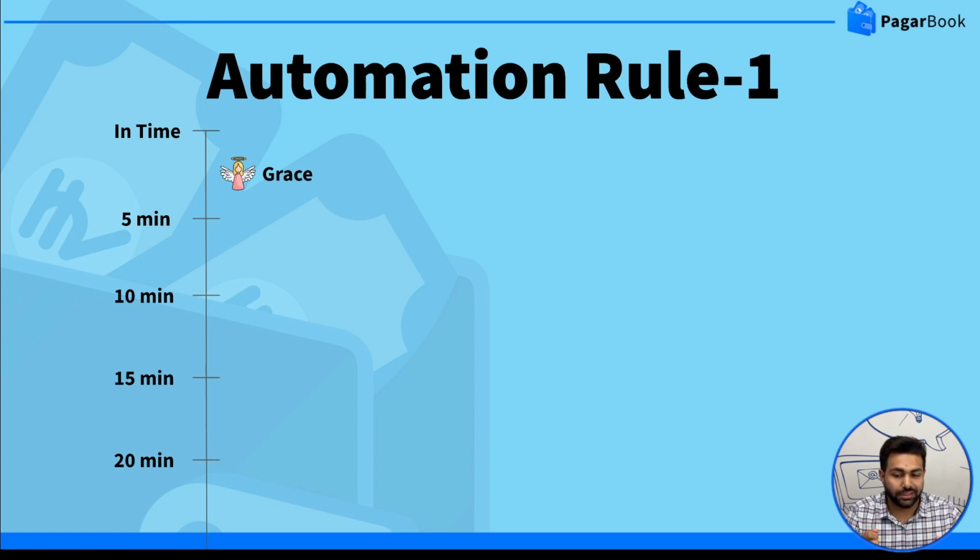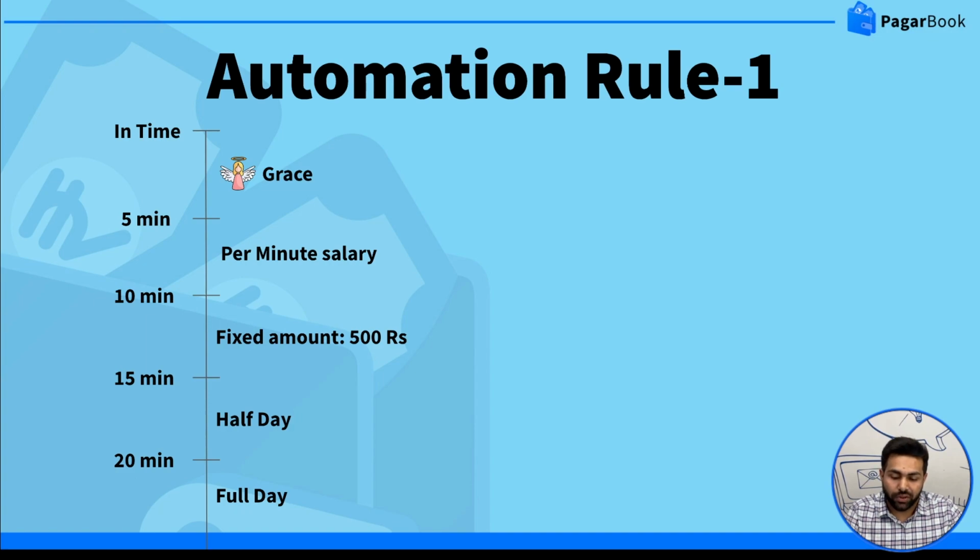So no fine will be applied till 5 minutes. Then if staff is late for more than 5 minutes, per minute salary as per the rule we defined. And then more than 10 minutes, 500 rupees; more than 15 minutes, half day fine; and more than 20 minutes, full day fine will be deducted.